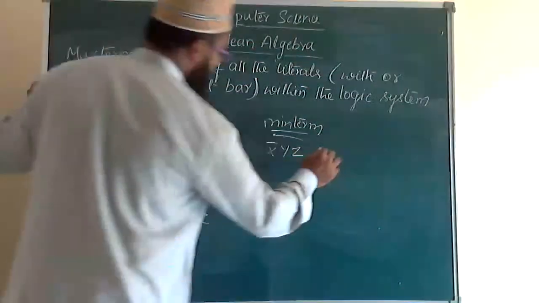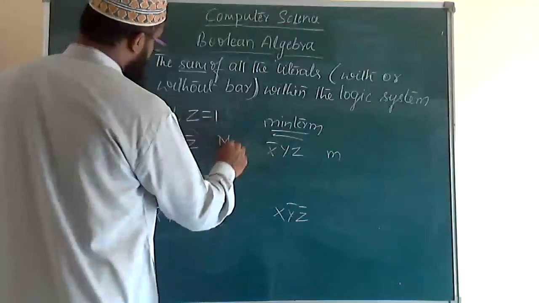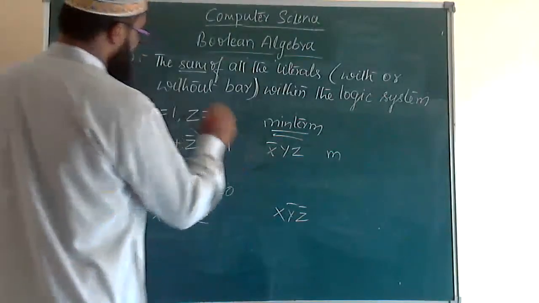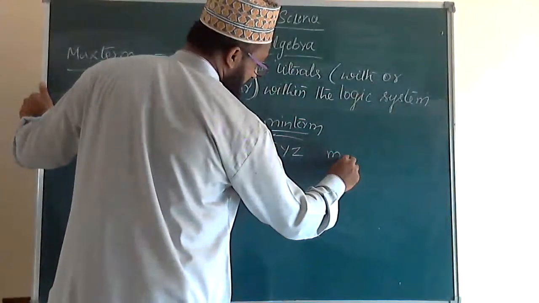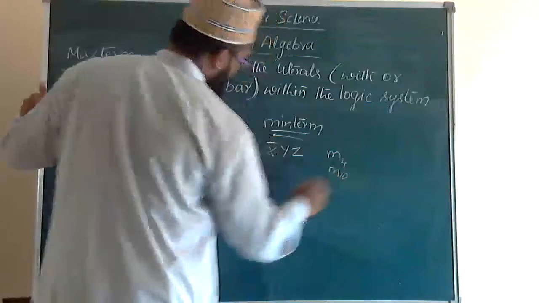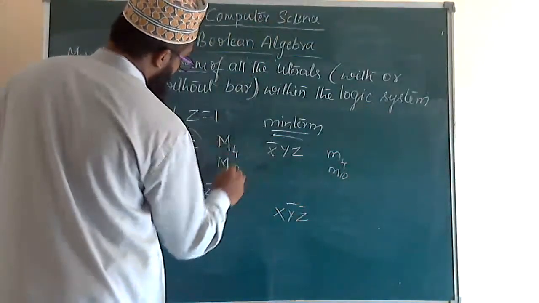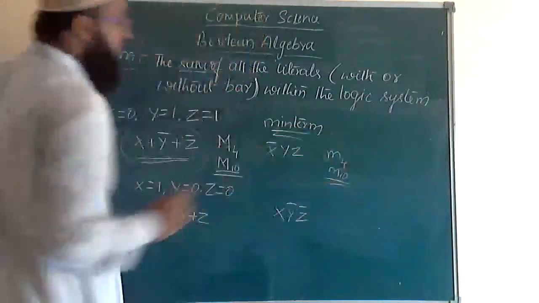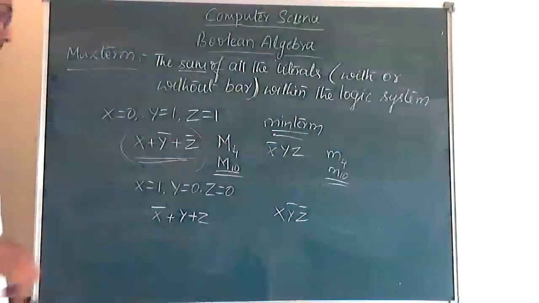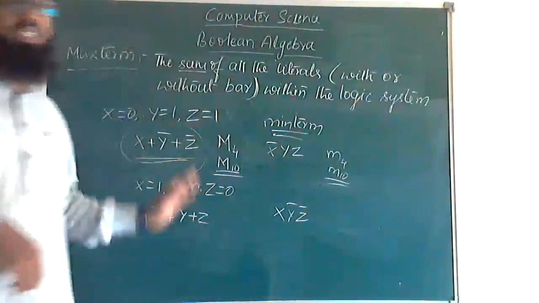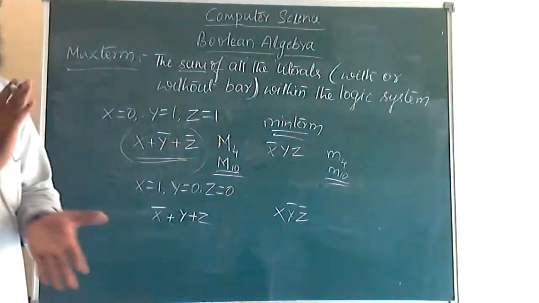In min term we have used small letter m, but in max term we will use capital letter M. Earlier we did m4 and m10 like that. This is for min term and this is for max term. We will write small letter m for min term and capital letter M for max term. So this is a short explanation about max term and min term.